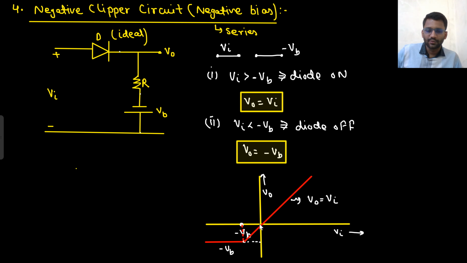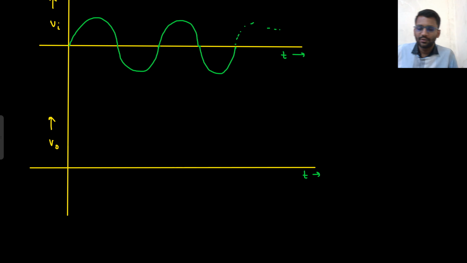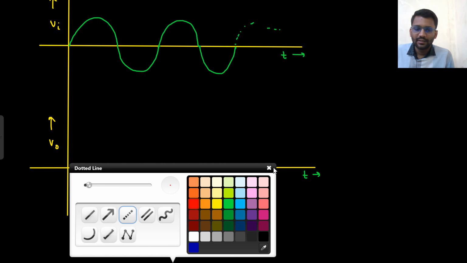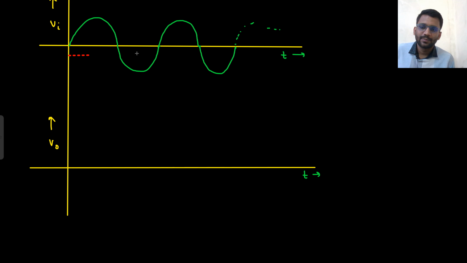So this is the transfer characteristic we have drawn, and now we can draw it on the sinusoid. What is our point? The transition point is minus VB. So this point will be minus VB.